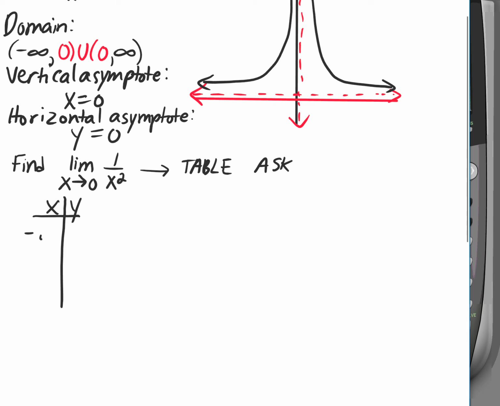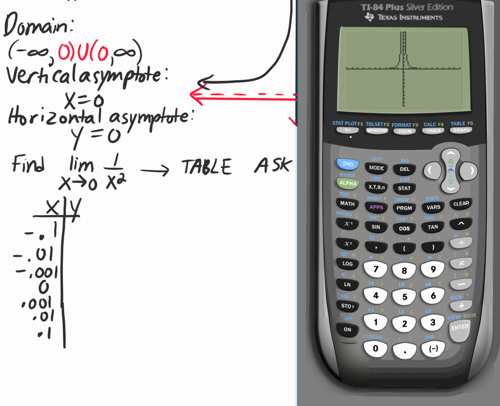So start at -0.1, 0.01, 0.001. We'll put 0 in there even though we know that's going to give us a bad answer. All right, so if we go over to our calculator, make sure you switch this over to ask if it's not already switched over. And then go to your table, and we're going to put in all of those values.